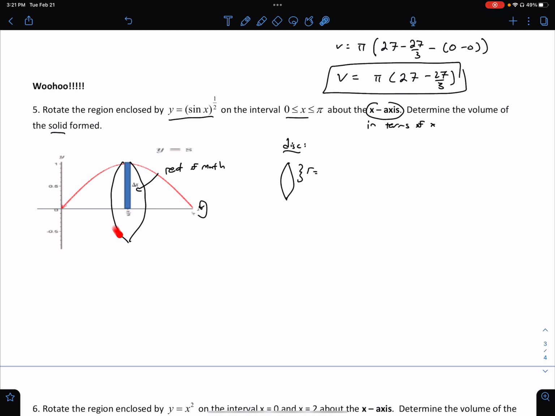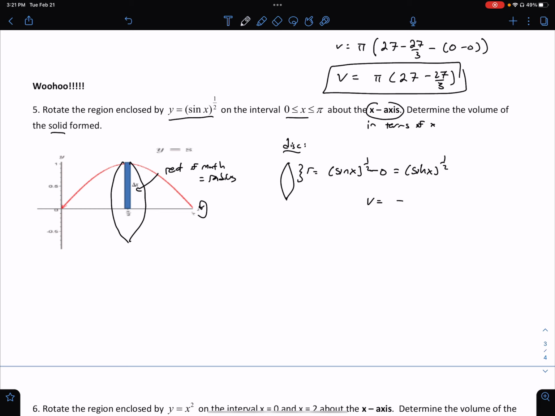This forms a circle right here. I just want the radius. The rectangle of mathematics is our radius. So that's going to be the top function, which is the sine of x to the 1/2, minus the bottom, which is just the x-axis, so that's 0. So we just get sine of x to the 1/2.